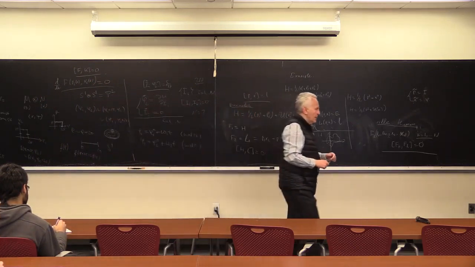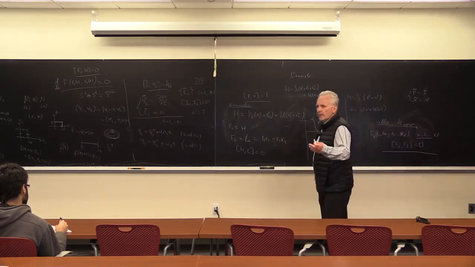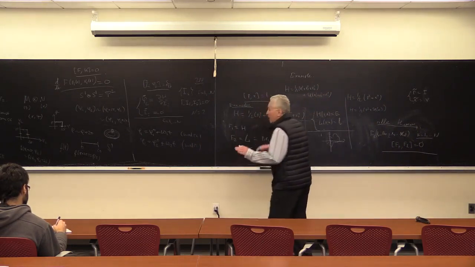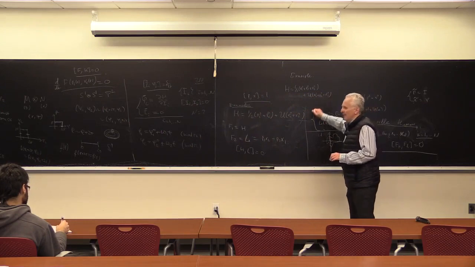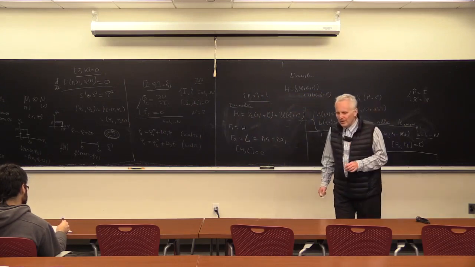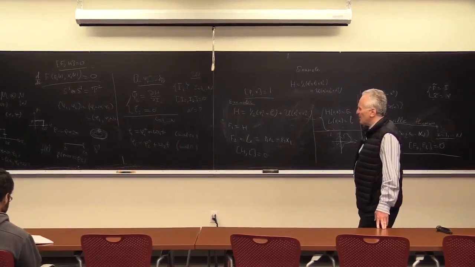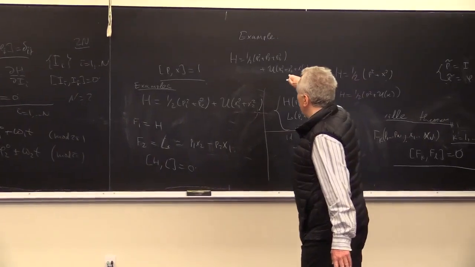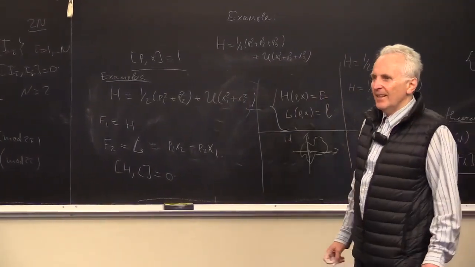Are you satisfied with it? Okay, now your turn. Now that you know what an integral of motion is, tell me what kind of integrals of motion we have in this case. It will be L1, L2, L3.